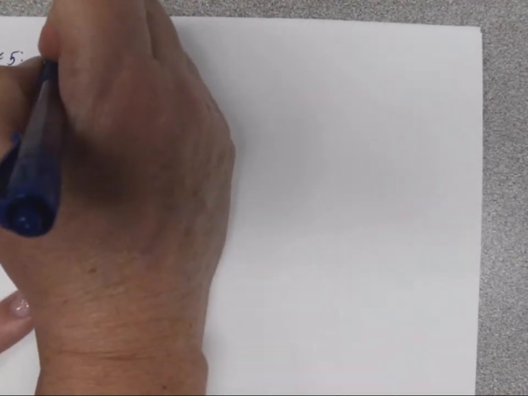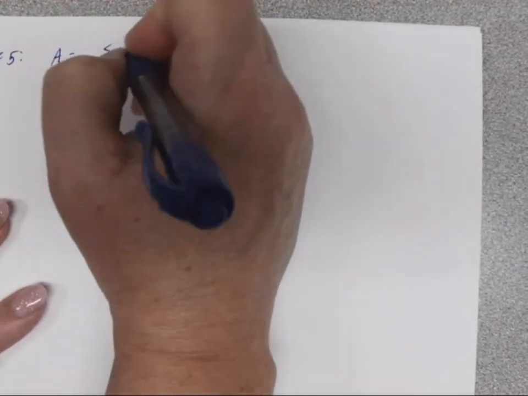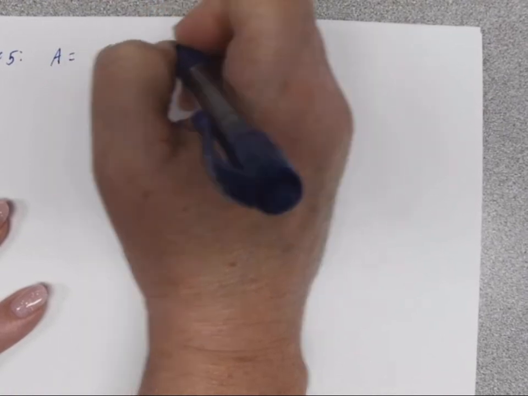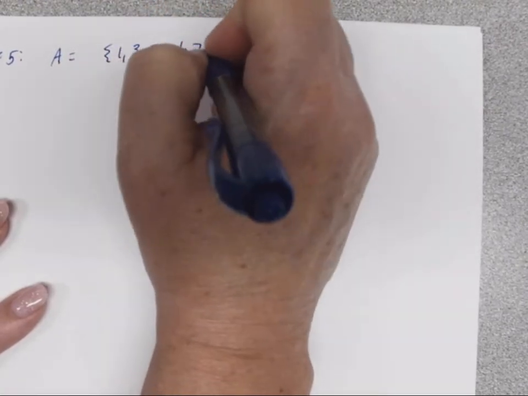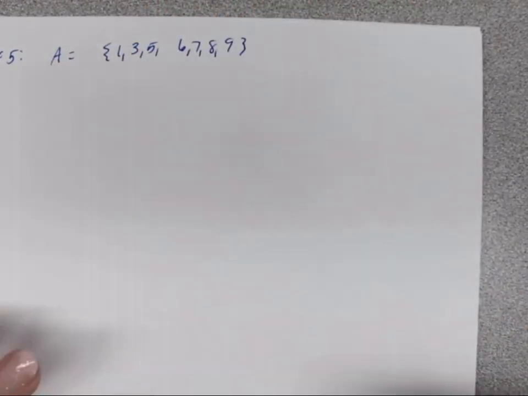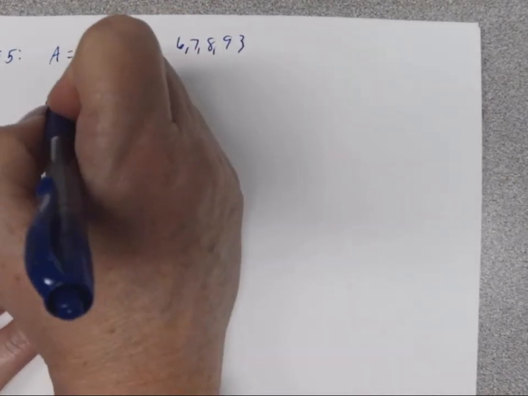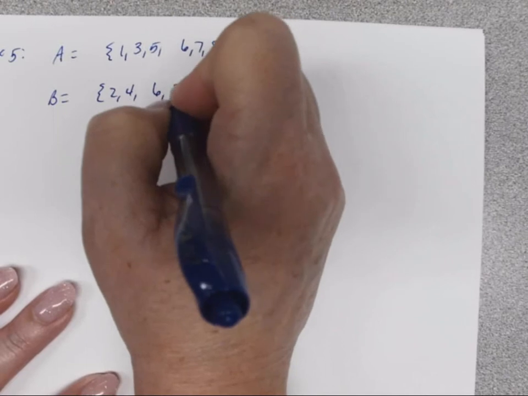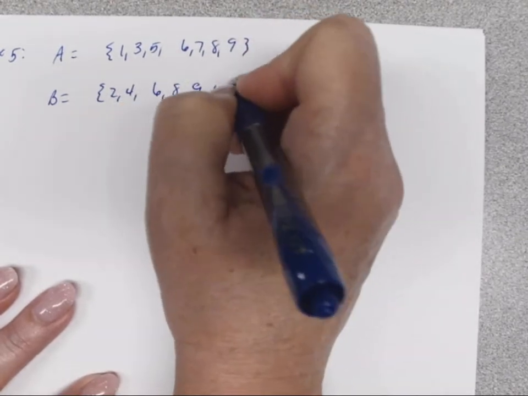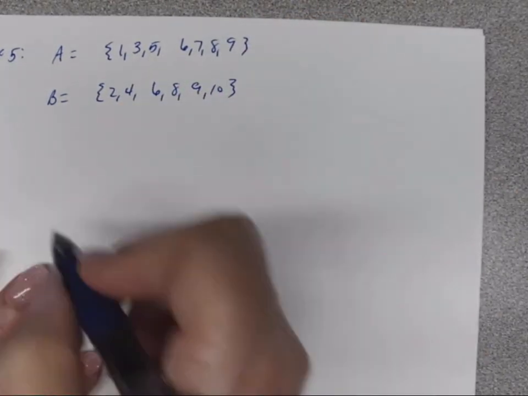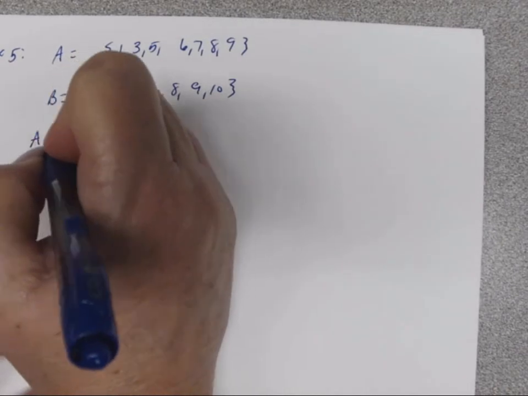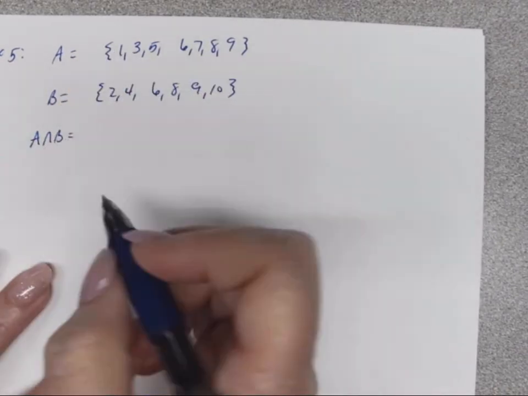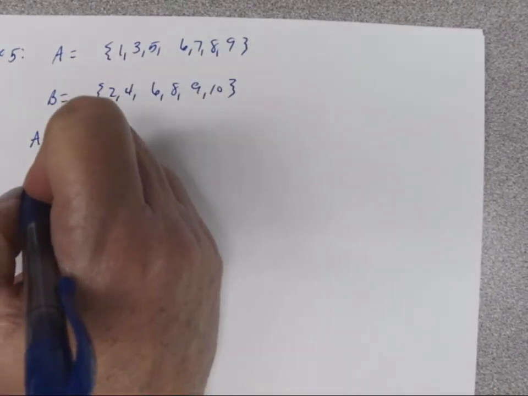If we have set A is equal to 1, 3, 5, 6, 7, 8, and 9, and set B is equal to 2, 4, 6, 8, 9, and 10, we want to find the intersection and we want to find the union.